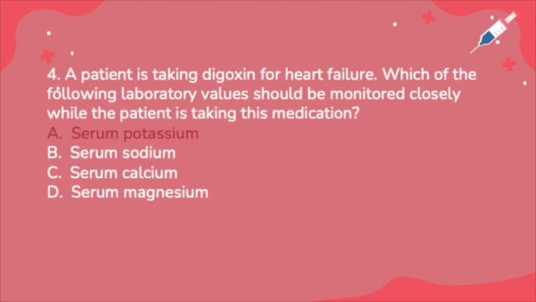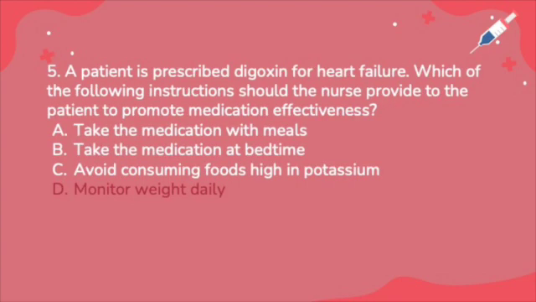Question number 4, a patient is taking digoxin for heart failure. Which of the following lab values should be monitored closely while the patient is taking this medication? And question number 5, a patient is prescribed digoxin for heart failure. Which of the following instructions should the nurse provide to the patient to promote medication effectiveness?